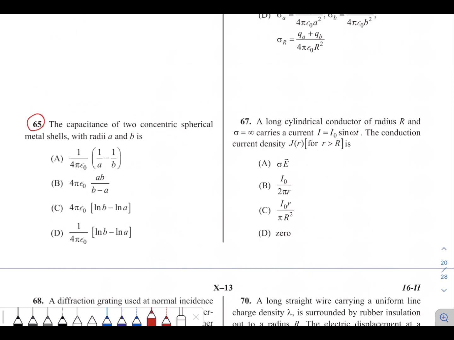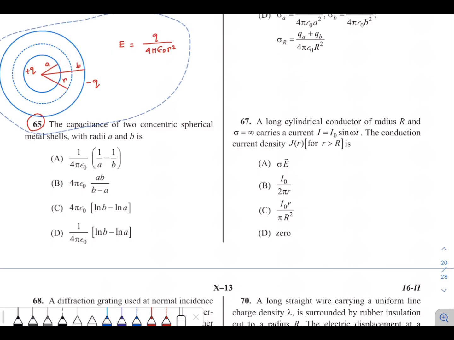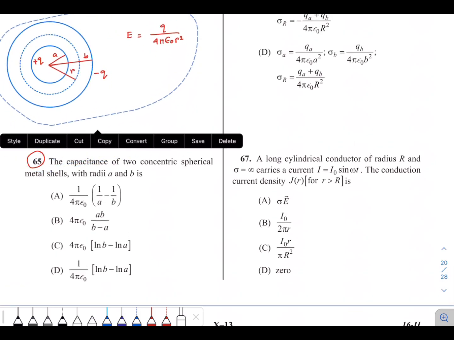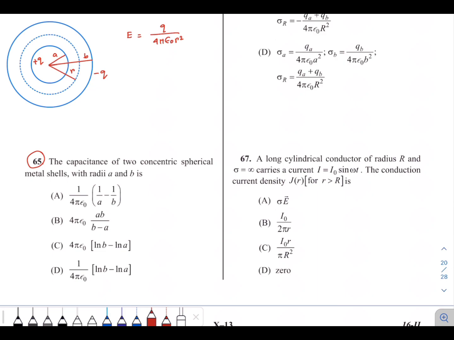Problem 65. The capacitance of two concentric spherical metal shells with radii a and b is? So we recall the electric field between the two concentric metal shells is given by q divided by 4 pi epsilon naught r squared. This can be found simply by using Gauss theorem. Now we find the voltage difference between the two spherical metal shells. So V is given by minus integral of E dot dr from b to a. Let us calculate this integral.